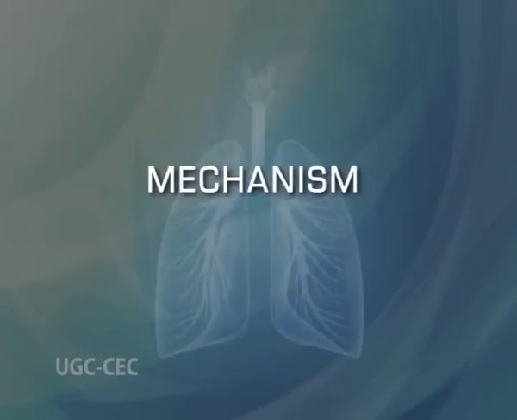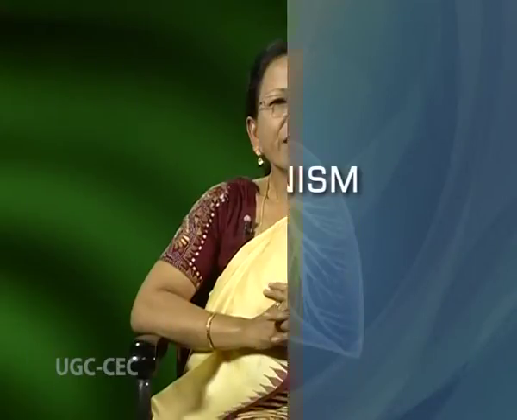Next comes mechanism. Decreases in blood pH and increases in hydrogen ion concentration are likely the direct cause of lower hemoglobin affinity for oxygen. Specifically, the association of hydrogen ions with the amino acids of hemoglobin appears to reduce hemoglobin's affinity for oxygen.